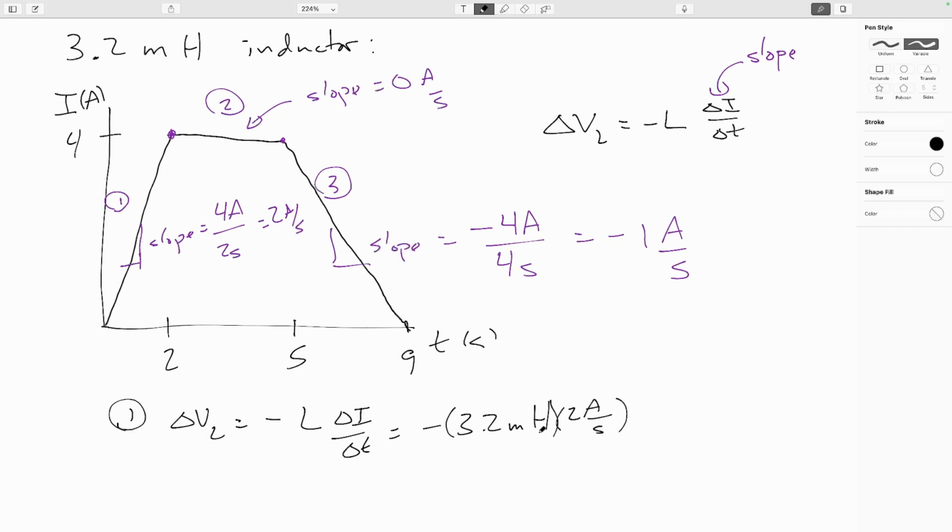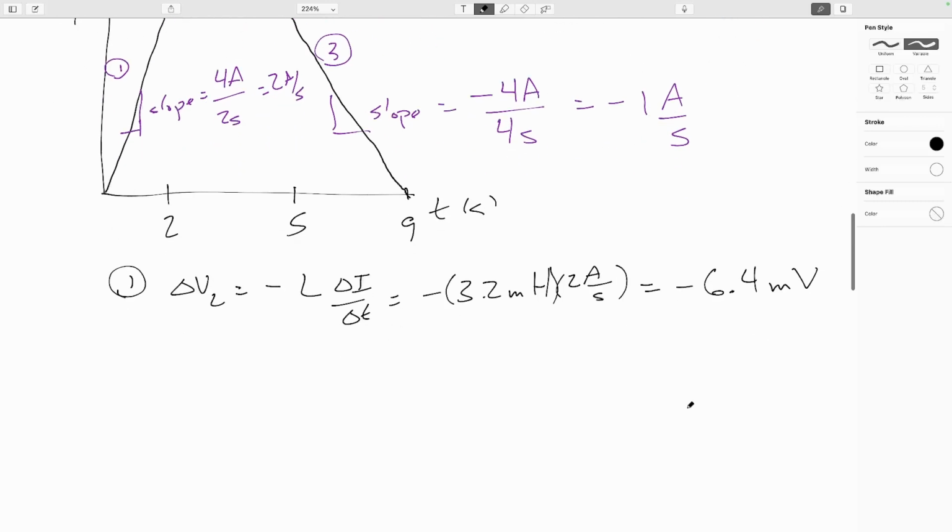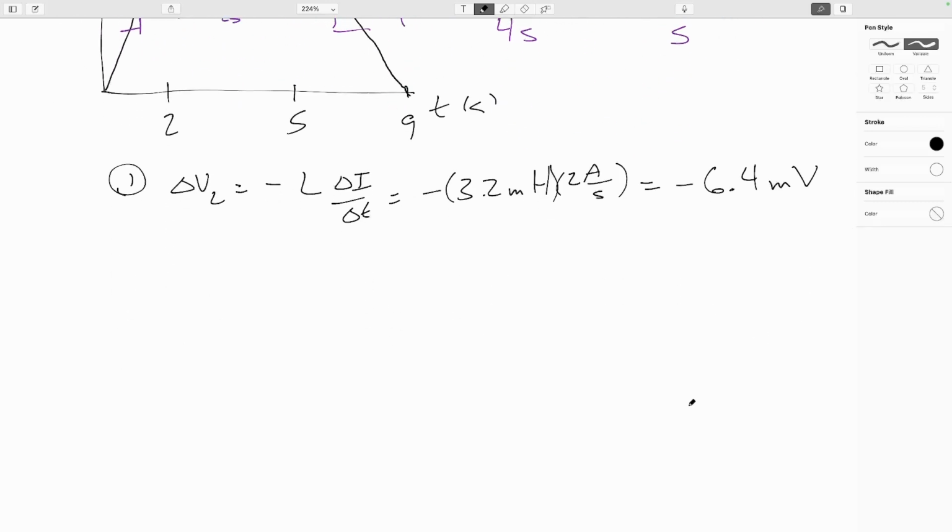When you do the unit analysis, a henry times an amp divided by a second is a volt, and let's just leave the milli there. You're allowed to do that. Remember, milli is just an instruction to multiply something by 10 to the negative 3. So we have a negative 6.4 millivolt change in voltage across the inductor.